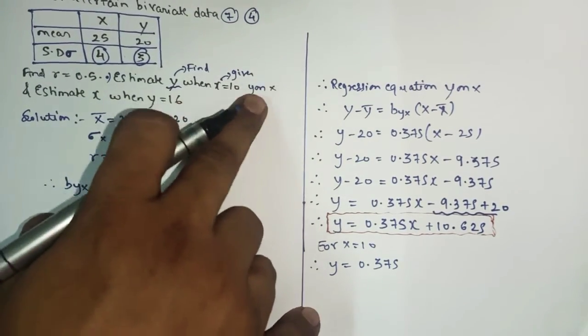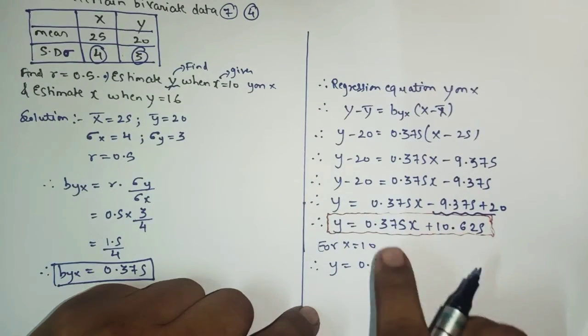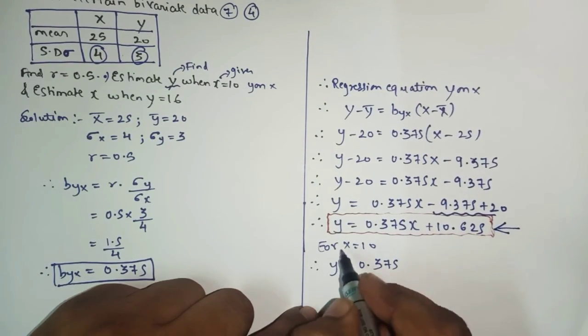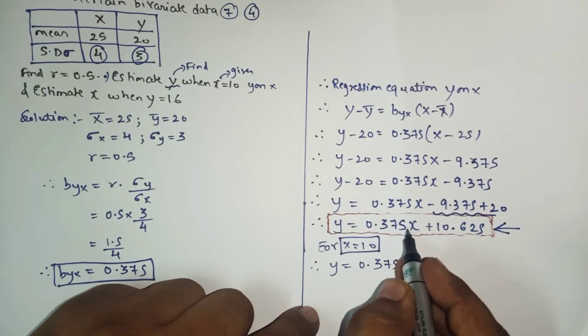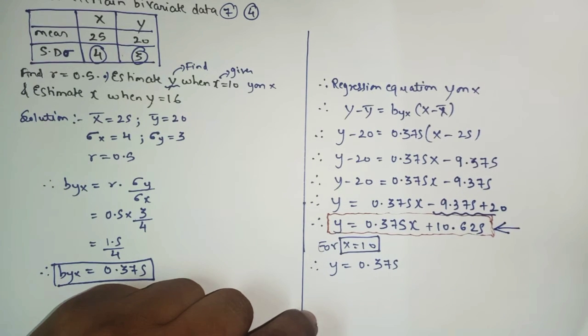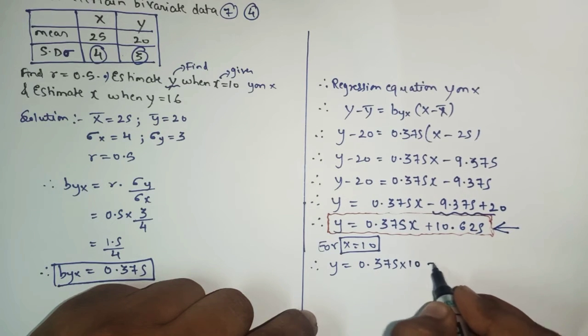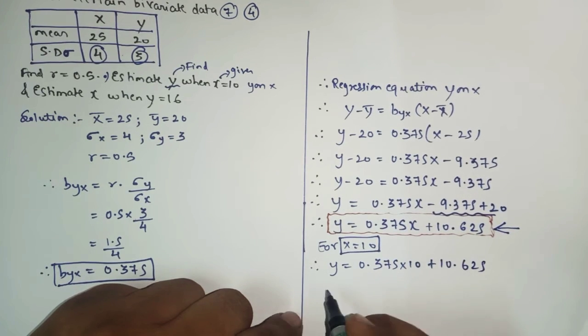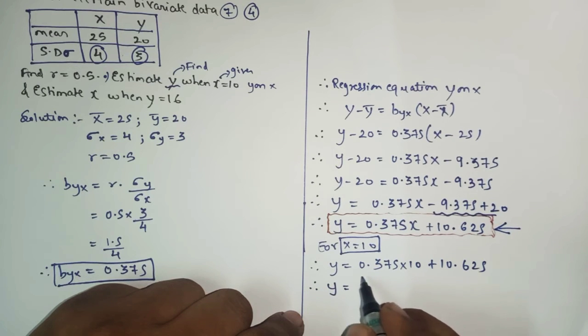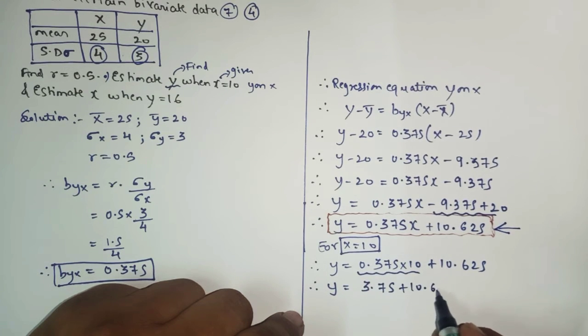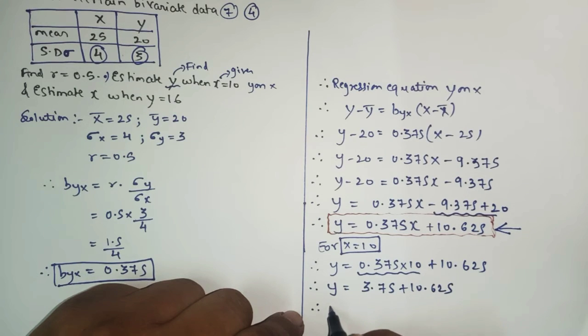First find the regression equation y on x, then substitute the value of x to get the other variable. So 0.375 into 10 plus 10.625. When you multiply, you get 3.75 plus 10.625. So the final answer is y equals 14.375.